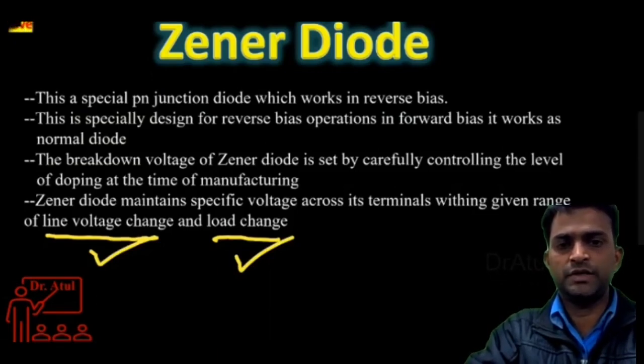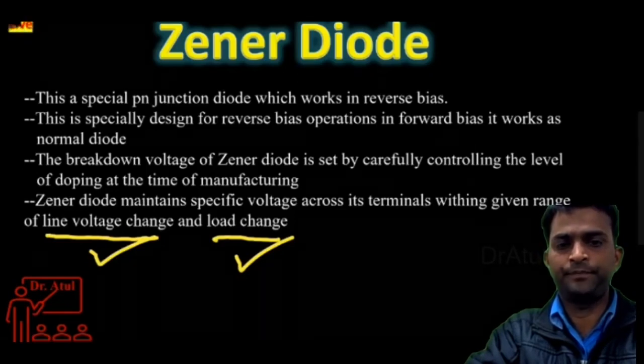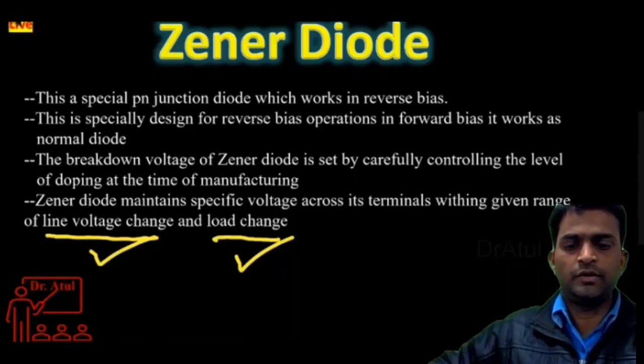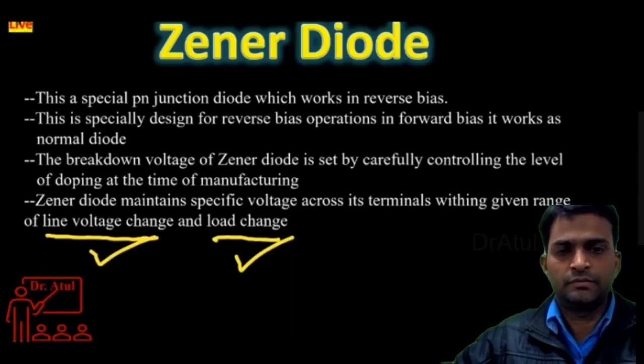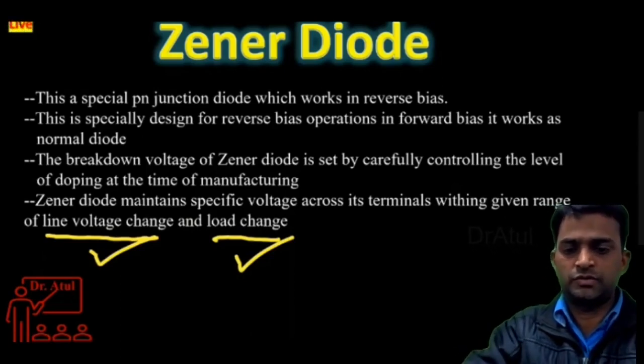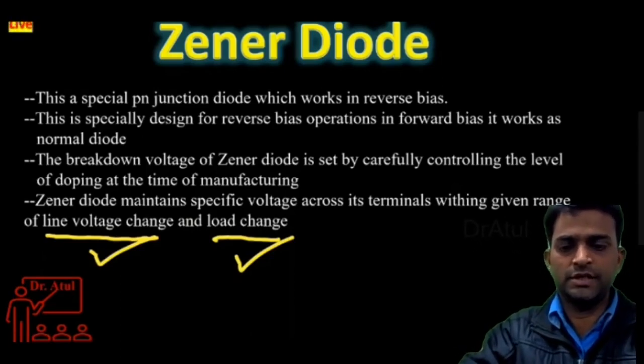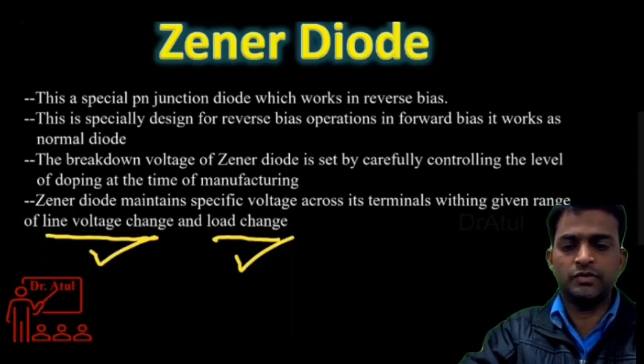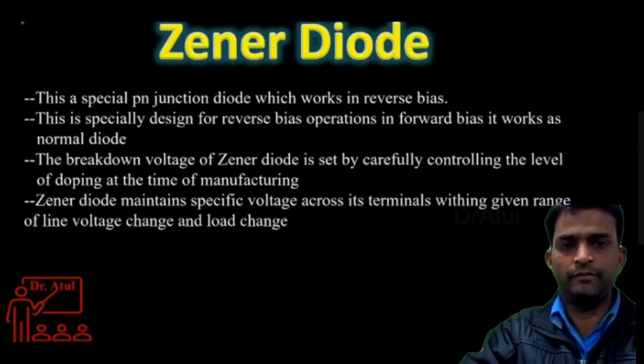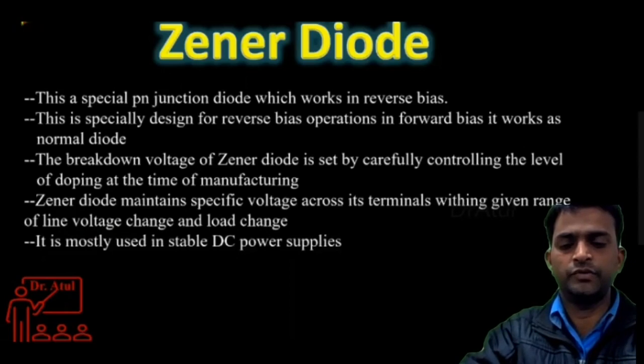Whenever you change the load, the Zener diode has the capability to sustain the voltage change and load change. A better diode has better sustainability, and a less costly diode will have less sustainability.